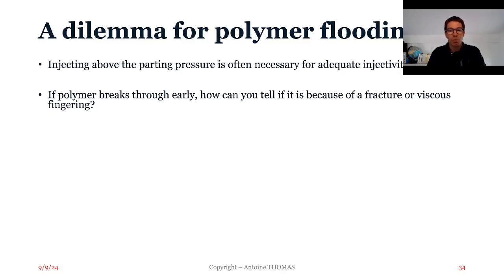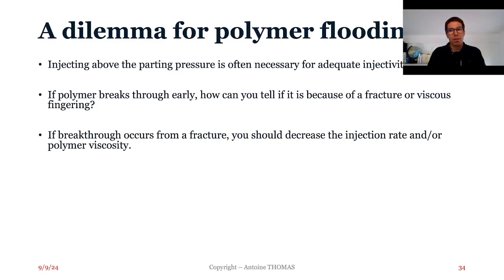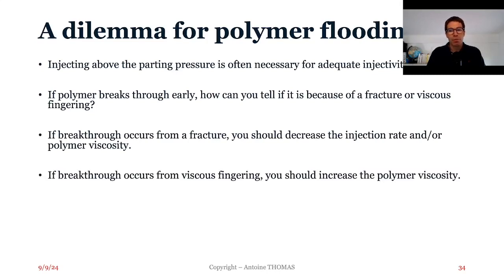A fracture will be something where you see the breakthrough very, very fast if the fracture was already there or is being created, and with quite significant polymer concentration depending on the size of the feature.